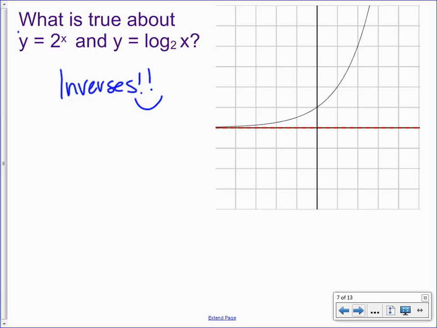Okay, so up here I have the graph of 2 to the x. If I ask you to graph 2 to the x, what points do I make you pick? -1, 0, 1, right? So we have -1, 1/2, 0, 1, and 1, 2. So if I want to graph the logarithm, what do we do with those points if we have inverses?